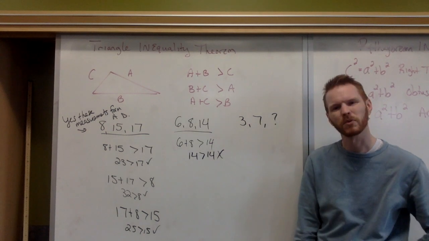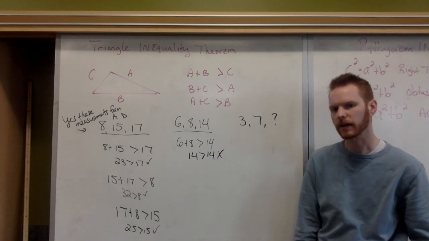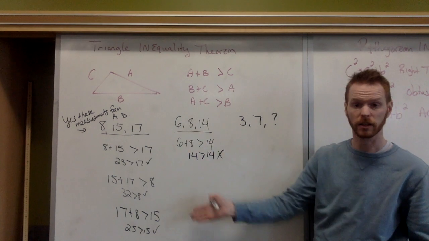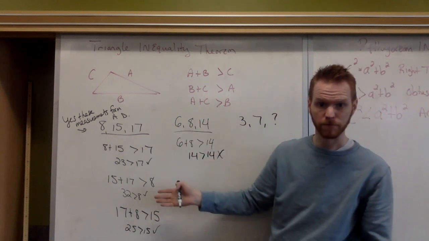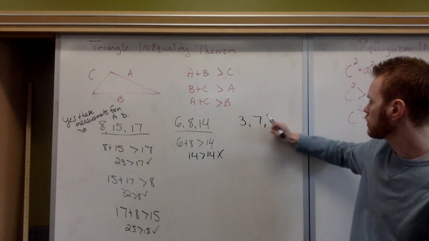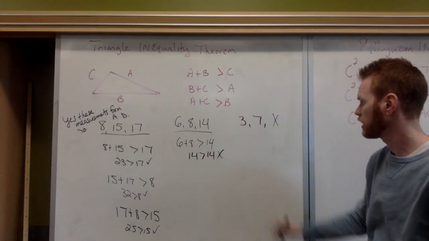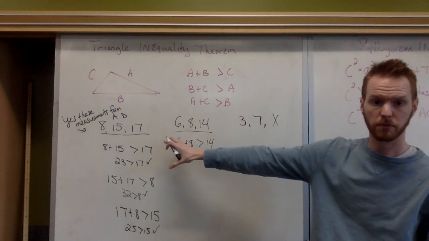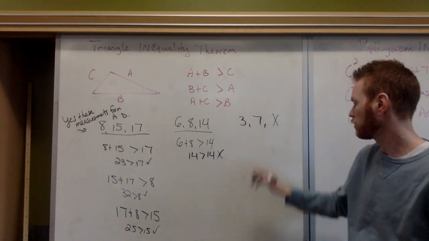How can I figure out that mystery side length? Algebraically, we can figure it out just by using the inequality theorem. I'm going to change this to an x. I don't know what this remaining side is, but let's try to apply the inequality theorem with it, and you're going to see what happens algebraically.